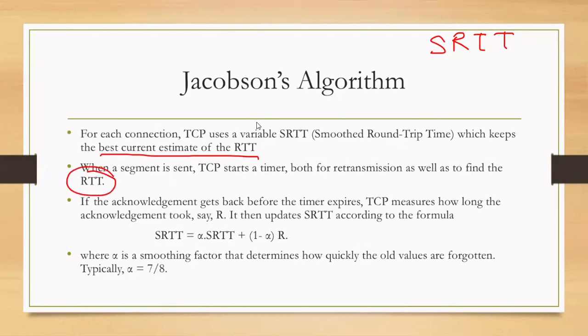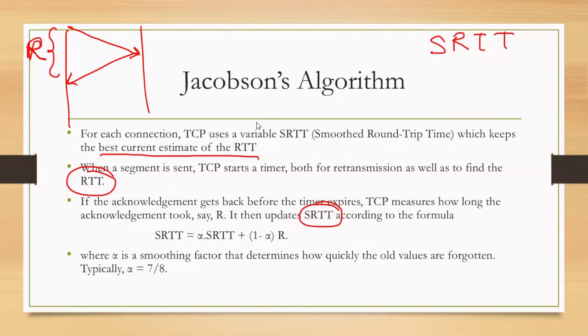If the acknowledgement gets back before the timer expires, TCP measures how long the acknowledgement took. So it has sent the segment, it has got an acknowledgement. This is the time R. Based on this computed value of R, it will update this SRTT variable.